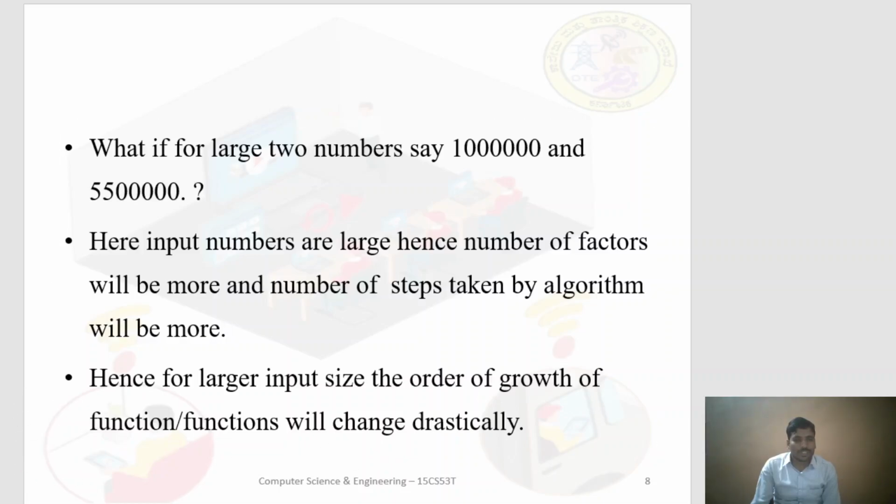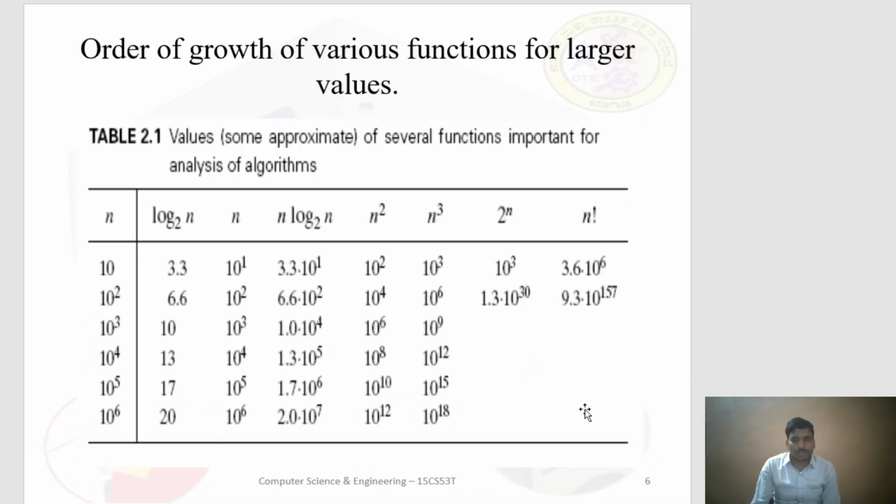So you can check that here in the table. You check here for the second input, that is 10 squared. So here for factorial you can check it. For the input that is 100, what we are getting is 9.3 into 10 to the power of 157, which is a too big number.